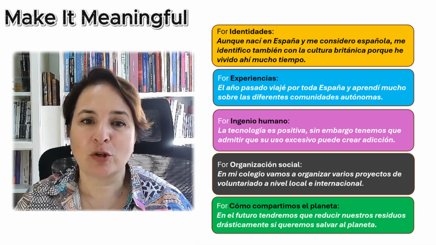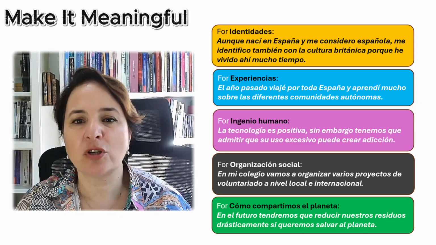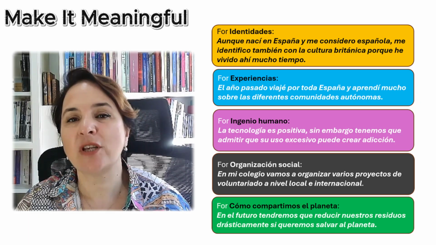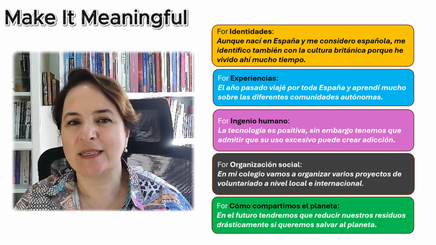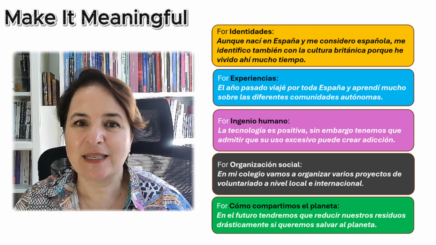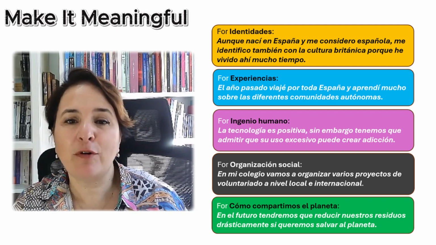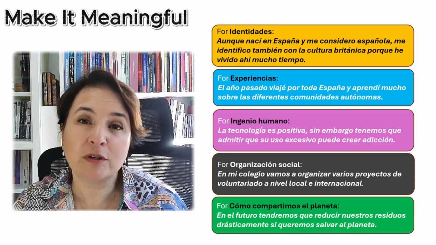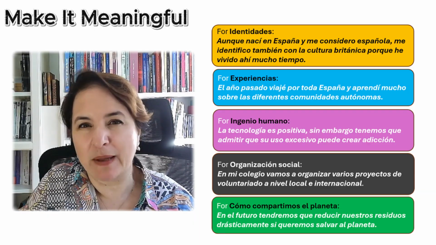For cómo compartimos el planeta, en el futuro tendremos que reducir nuestros residuos drásticamente si queremos salvar al planeta. Look at what you're doing when you're writing these sentences. You are practicing verbs, you are practicing tenses, but most importantly, you are also creating meaningful language and meaningful thoughts about the topics that you actually need to discuss in Spanish B.